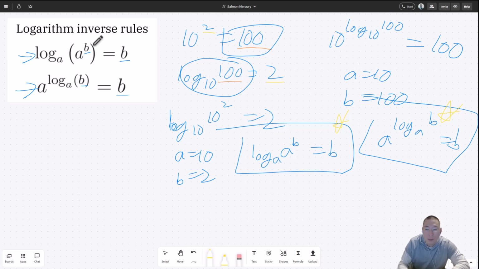If you want to memorize it and pass your math quiz that much faster, just get really good at math. So that's log base a of a to the b is equal to b, and a to the power of log base a of b is equal to b. Once again, the b's here were different: one was 2, the other was 100. But you get the point. This is the logarithm inverse rules.